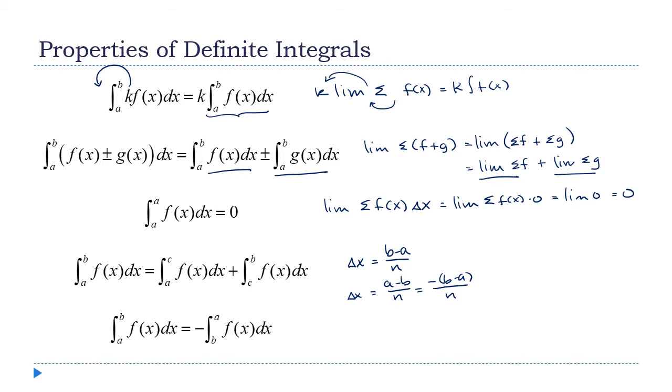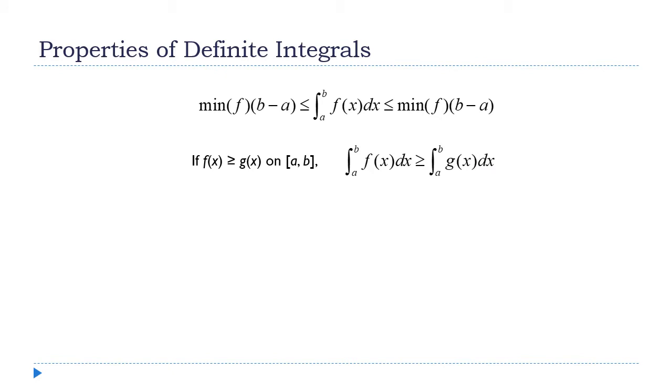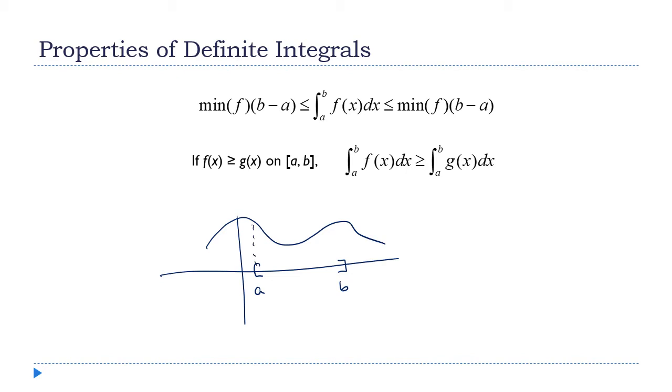Okay, bunch of properties. Now I have a couple more here that are maybe a little more interesting. The first one is saying, let's say I have my function and it's going along here doing what it does. You notice I kept it all positive. What this is saying is if I'm integrating from a to b, the area under the curve, that's the definite integral in the middle, is greater than the minimum of f times b minus a.